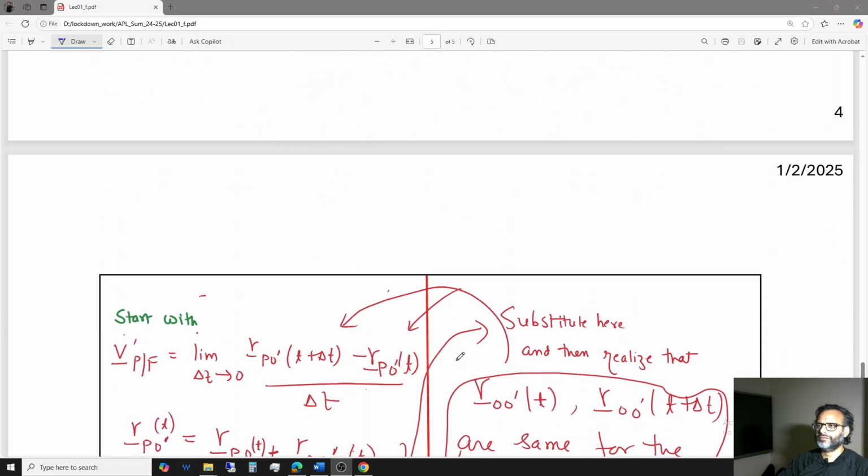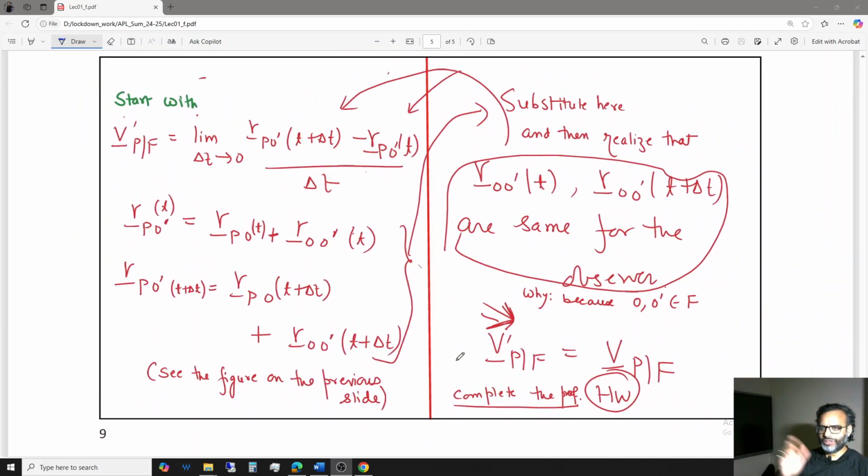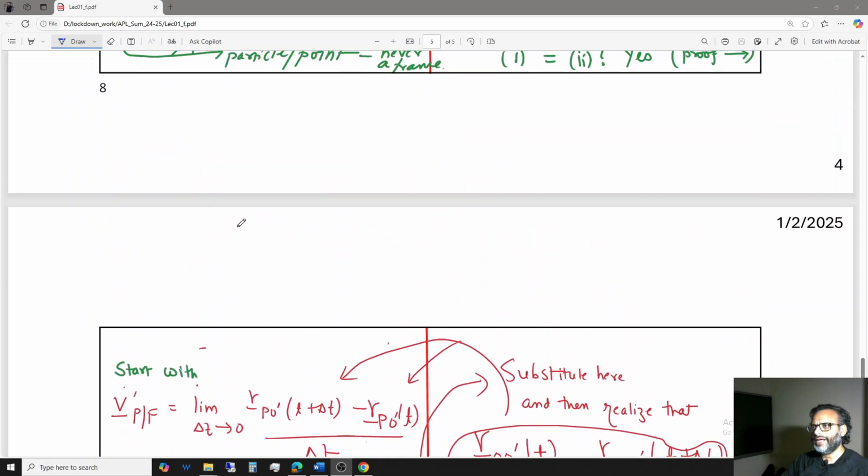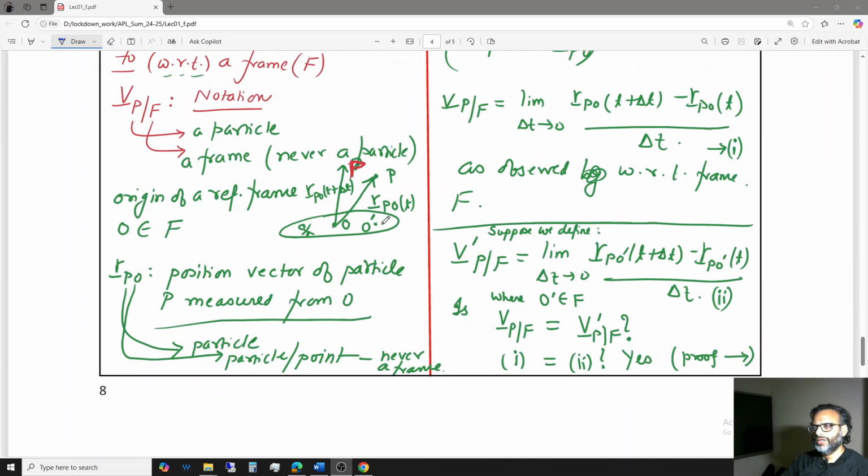What is the proof? The proof is here. So I begin with V prime PF, which I defined like this, and then look at this diagram again. Somehow I want to replace Rpo prime at time t. I'm talking about the situation at time t only.